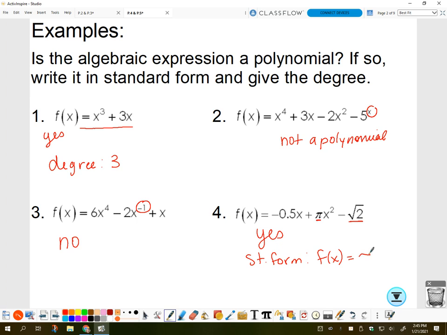So the biggest exponent is the 2. So we'll have pi x squared first, then the negative 0.5x, and then the square root of 2. And then the degree of this one, the biggest exponent we see, is 2.